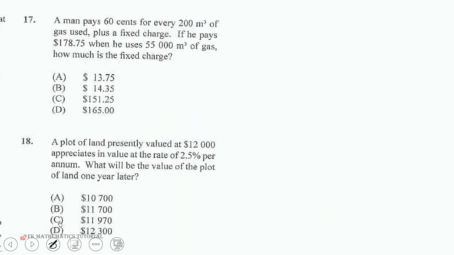A man pays 60 cents for every 200 meter cube of gas used plus a fixed charge. If he pays 178.75 when he uses 55,000 meter cube of gas, how much is the fixed charge?